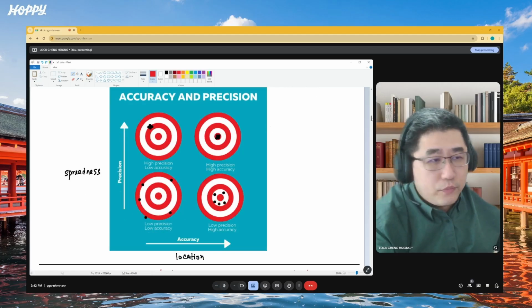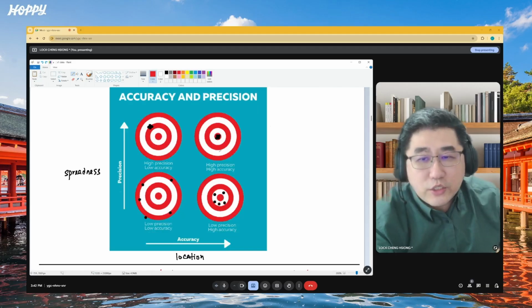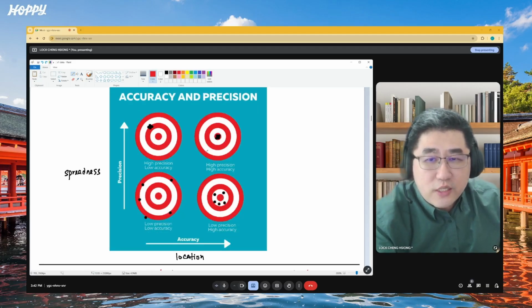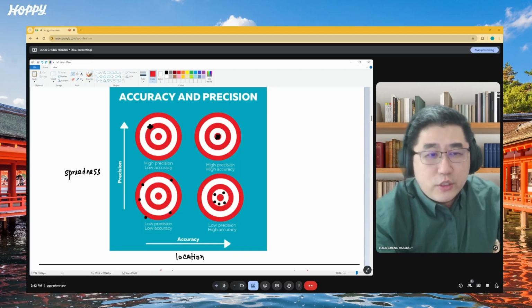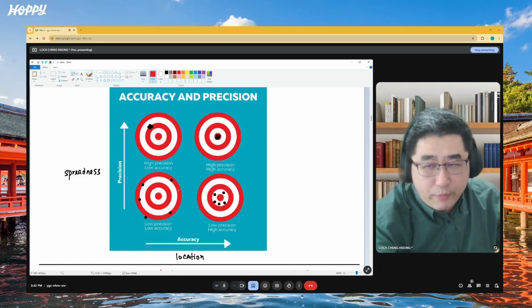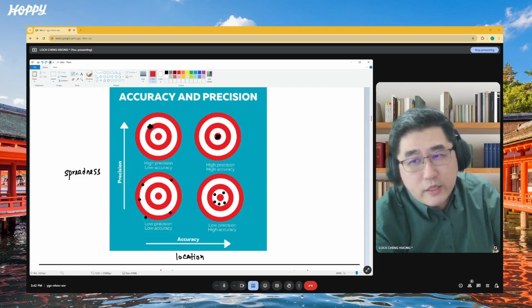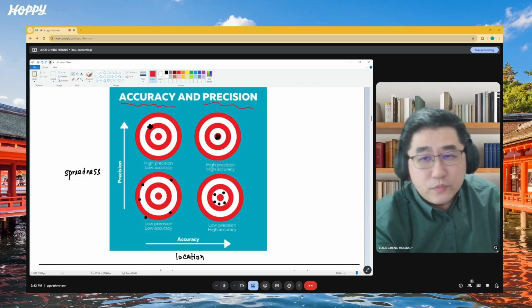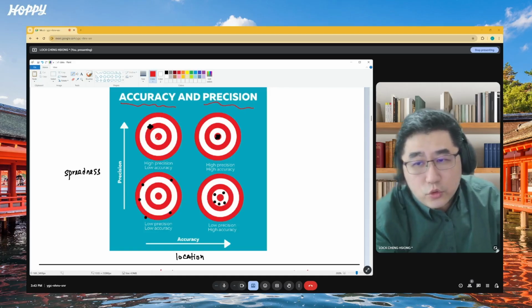In the real world, we use the concept of location and spreadness a lot, especially in sport. For example, when Lee Chong Wei plays badminton, we talk about accuracy and precision.